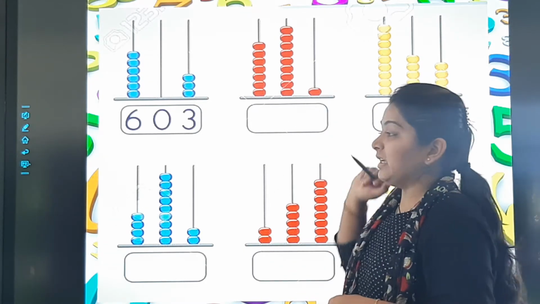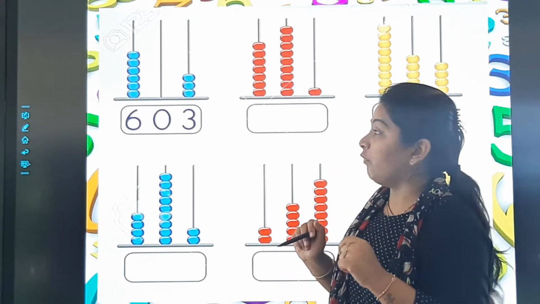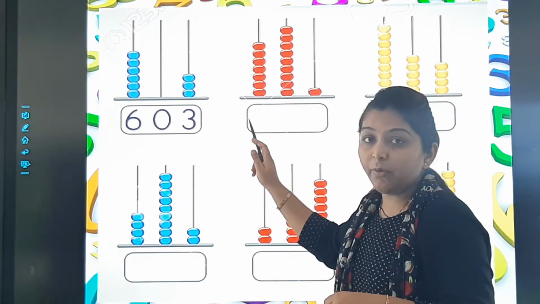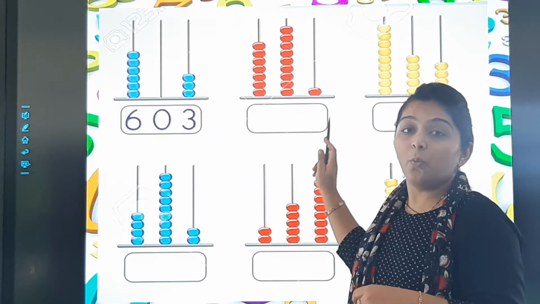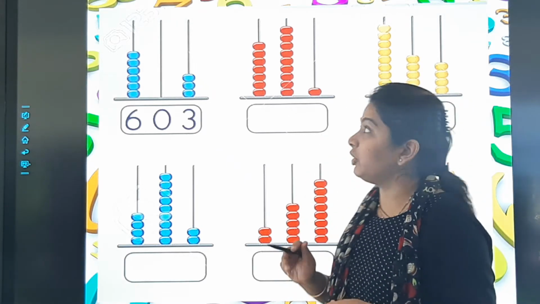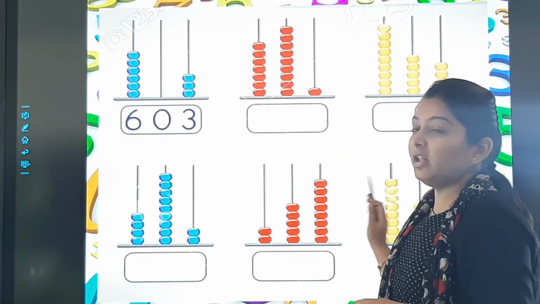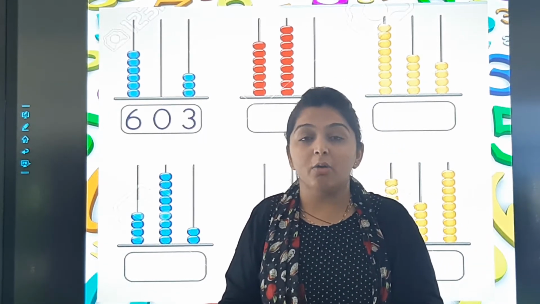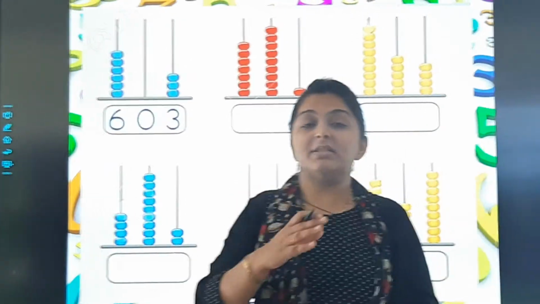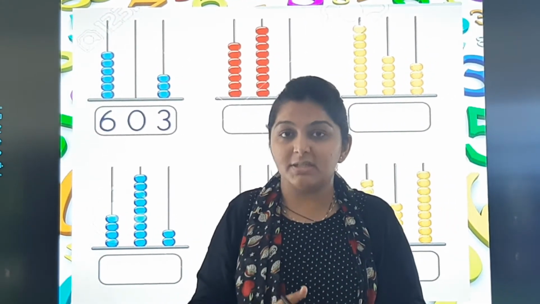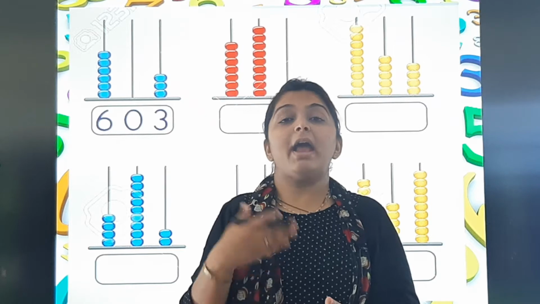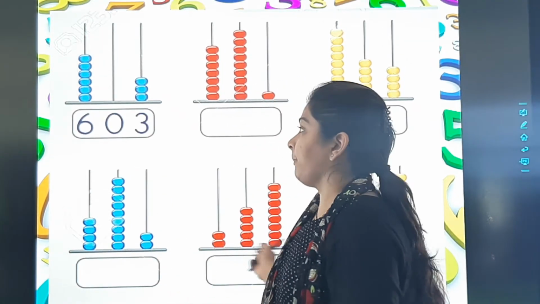At the ones place, only 1. So what you will write? 791. Understood? Same with all these other examples. This is how you can use the abacus to count how many beads are there at the hundreds place, at tens place and at ones place.